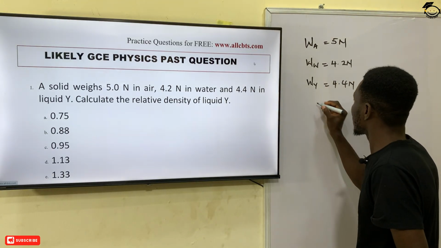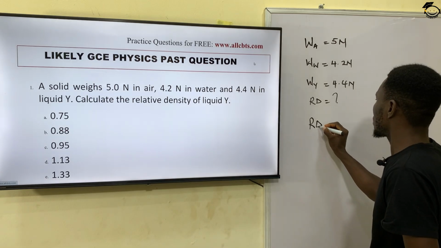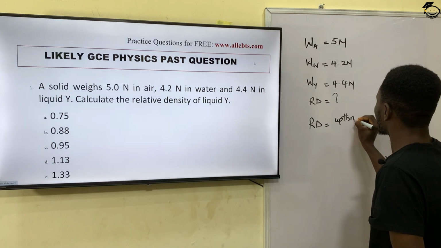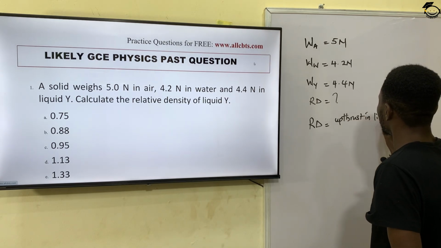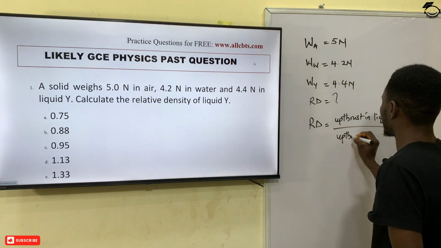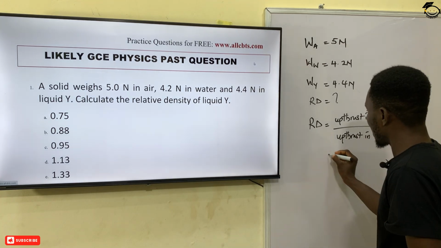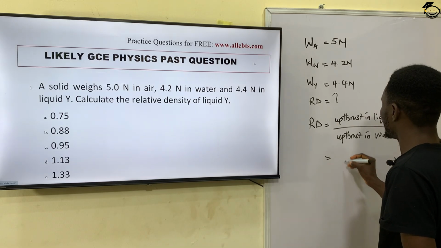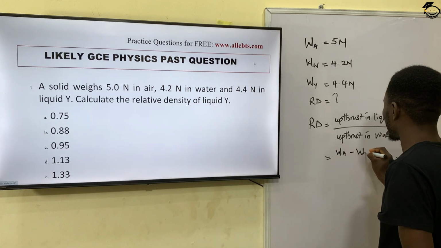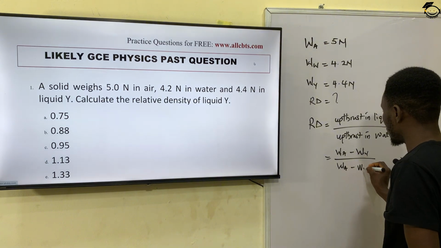We know that the relative density of any liquid is the upthrust in the liquid over upthrust in water. So this means that my relative density here is going to be weight in air minus weight in liquid Y over weight in air minus weight in water.